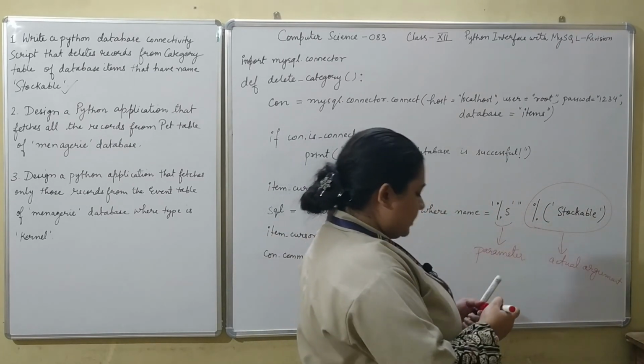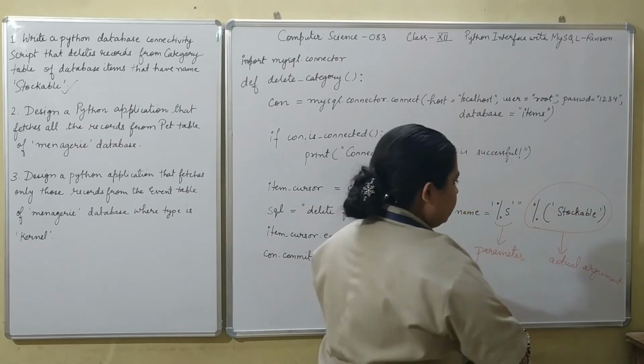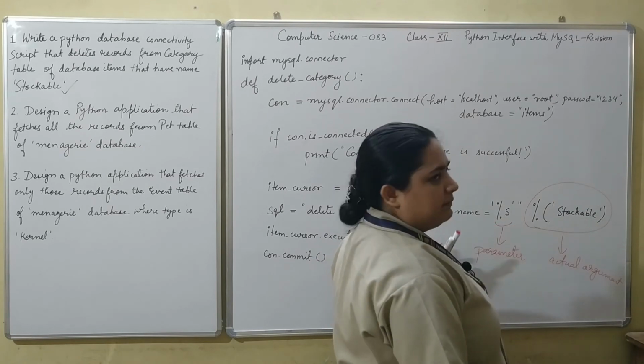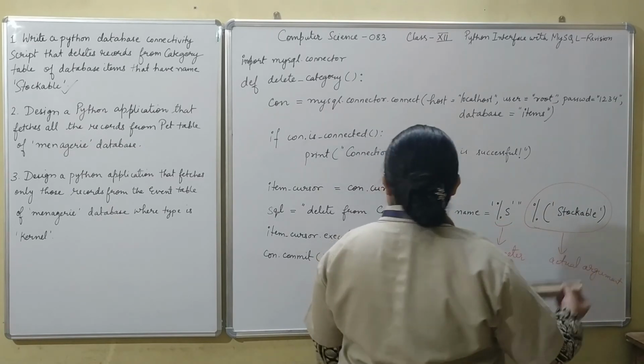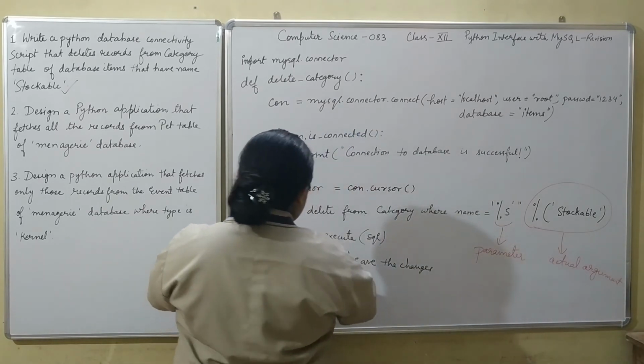Now in some versions of Python this technique might not work. Hence what we will do is we will simply pass this value in the form of a tuple. So right here we can make some changes.